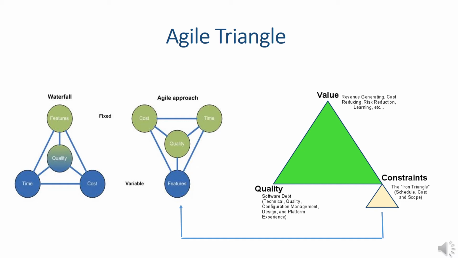Then the remaining 15 features may change after 1 month, depending on the competition, the change in user behavior, the cost of the technology, and so on and so forth. So that's why the feature set in Agile keeps on changing. It's dynamic. However, we can fix the time and cost per iterative cycle.